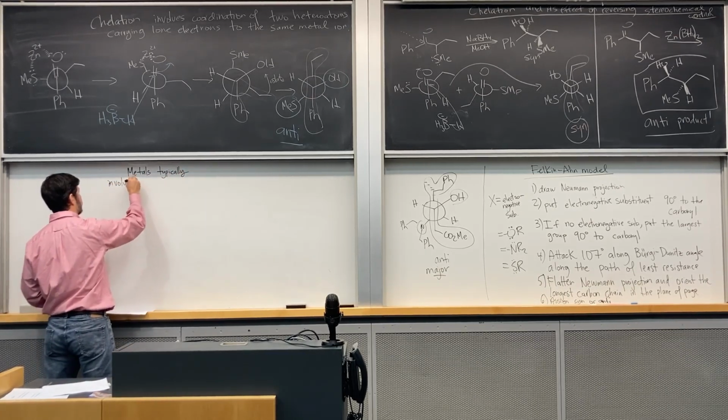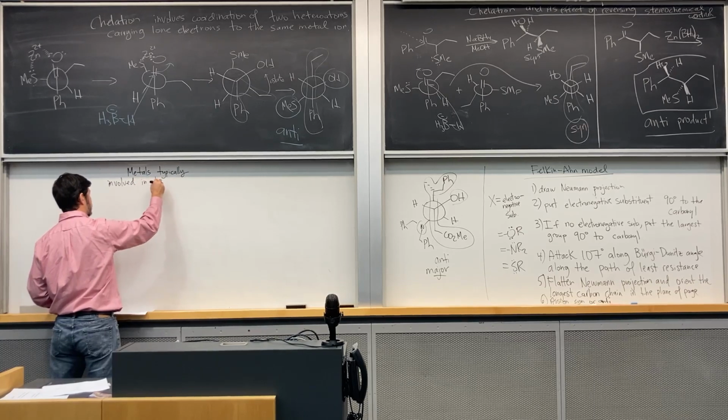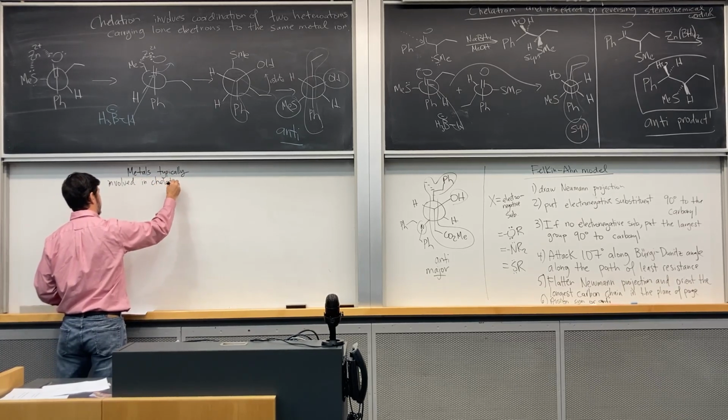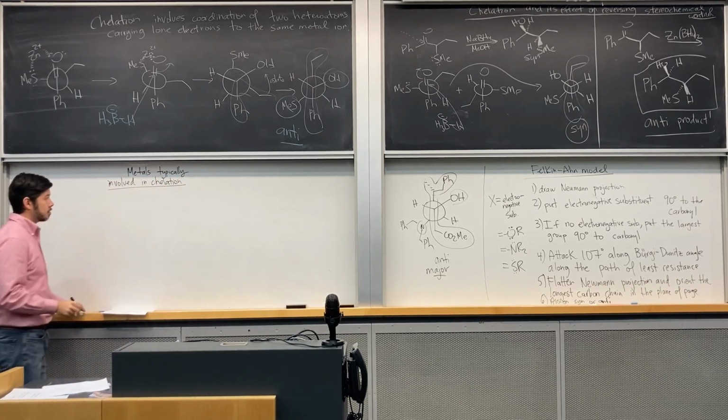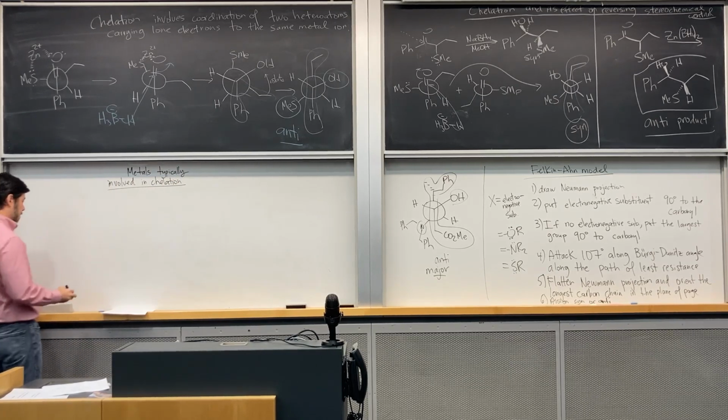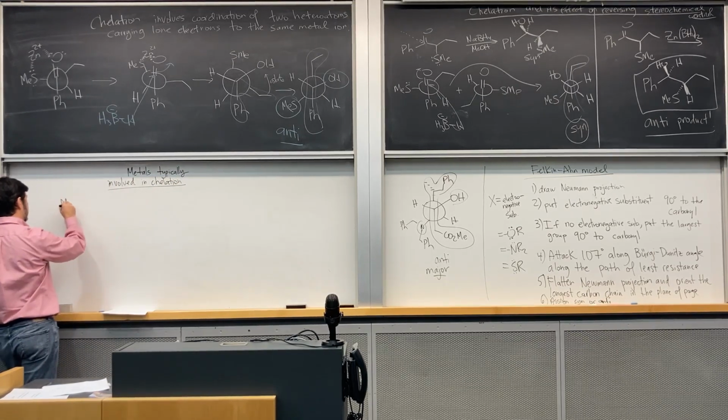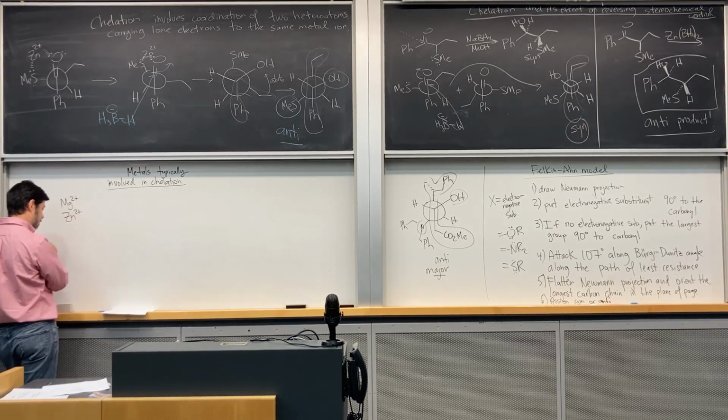All right, metals typically involved in chelation. So if you're doing a stereochemical reduction or something, metals commonly used are things like magnesium 2+, zinc 2+, we just saw that example, copper 2+, titanium 4+, cerium 3+, manganese 2+.